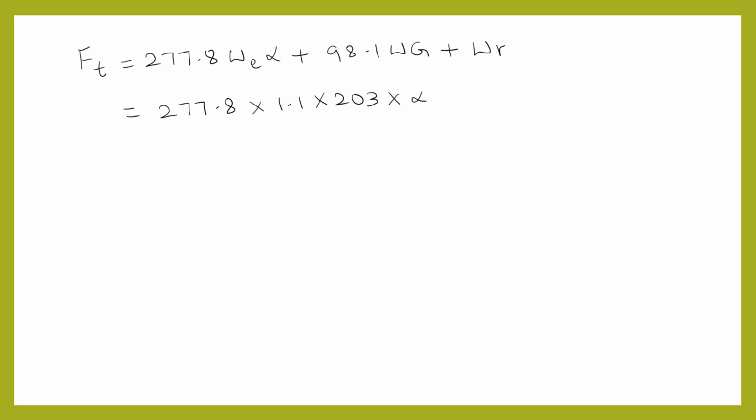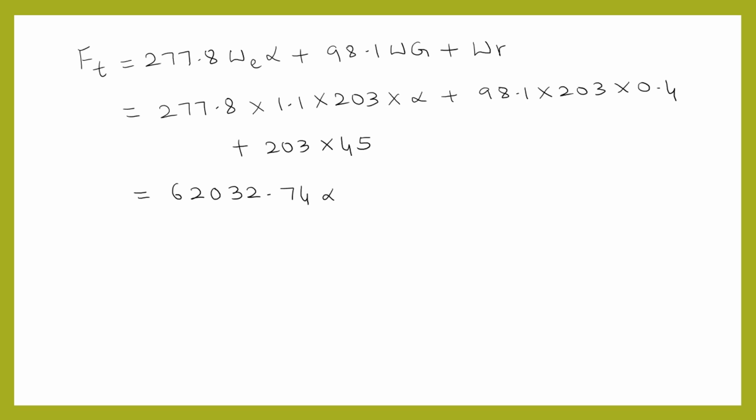We have Ft equal to 277.8 We alpha plus 98.1 Wg plus Wr, that is equal to 277.8 into 1.1 into 203 into alpha plus 98.1 into 203 into 0.4 plus 203 into 45, so that we get it as 62,032.74 alpha plus 17,100.72.